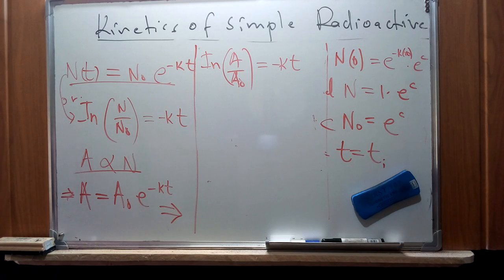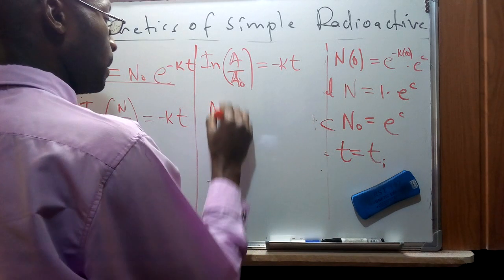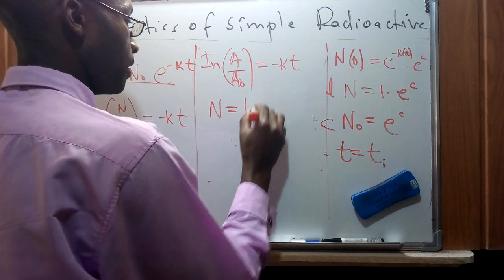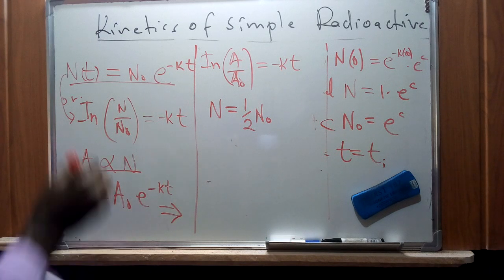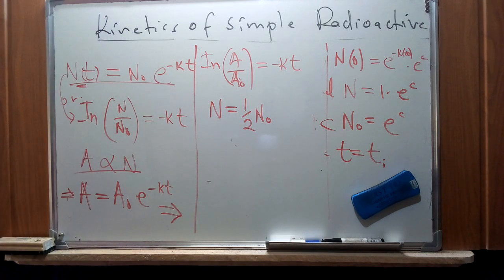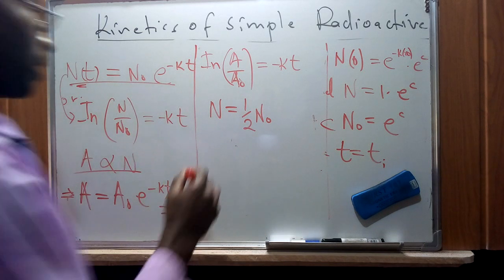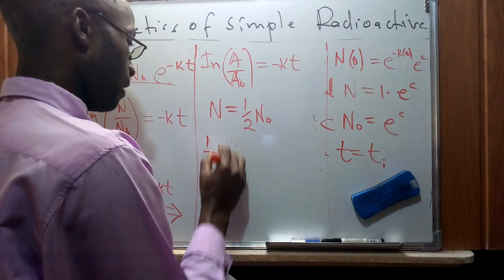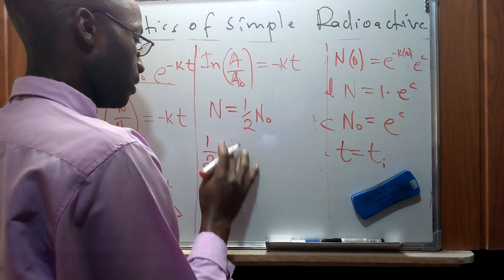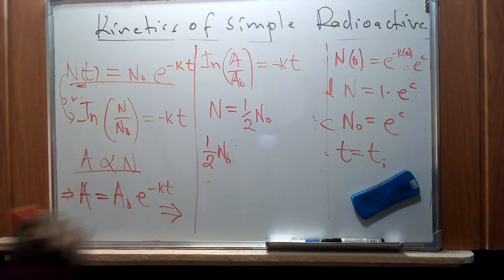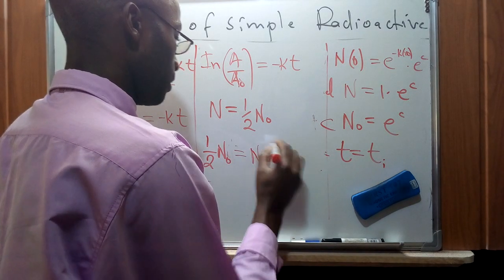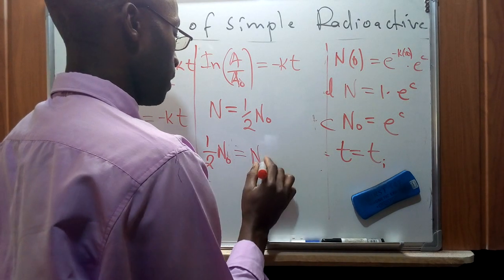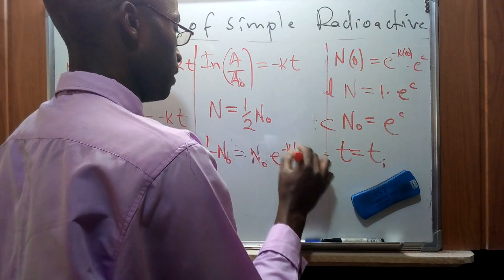So since half-life is when N equals a half the number of original nuclei that were present, that means from this formula at half-life we shall have the number of nuclei present given as N naught e^(-kt).